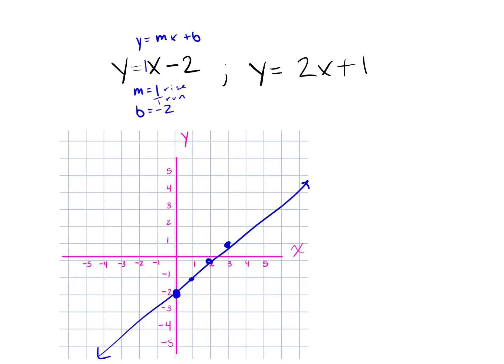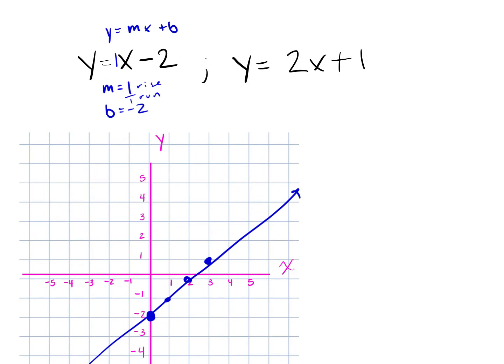So that's the first line, but we have to do the second one too. So in my second line, what's my slope? 2. And what is my y-intercept? 1. So let's plot our y-intercept first. So I cross the y-axis at 1. And then how would I show the slope of 2?